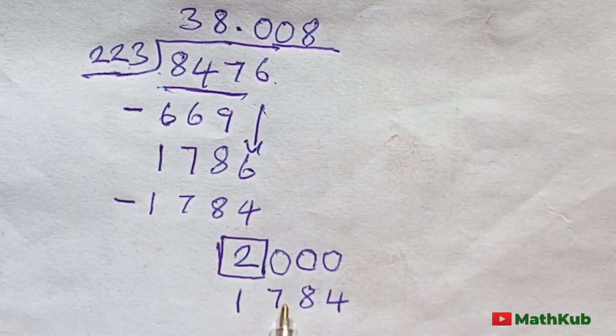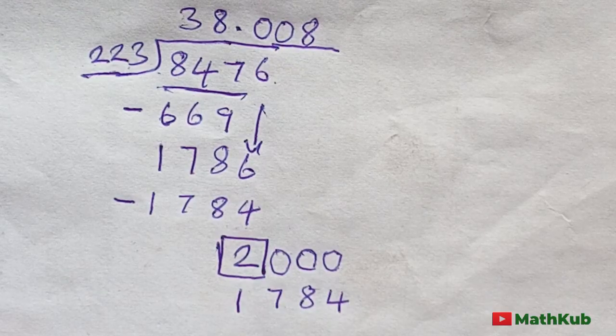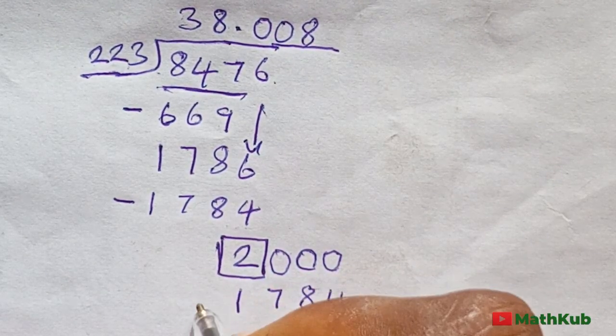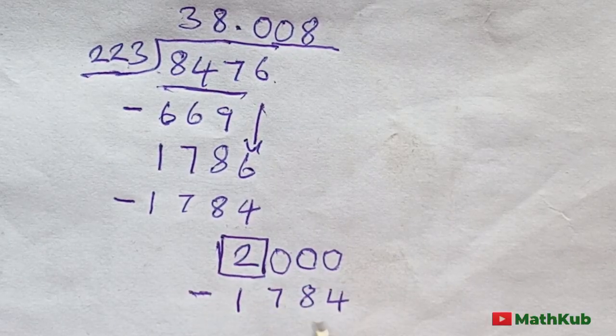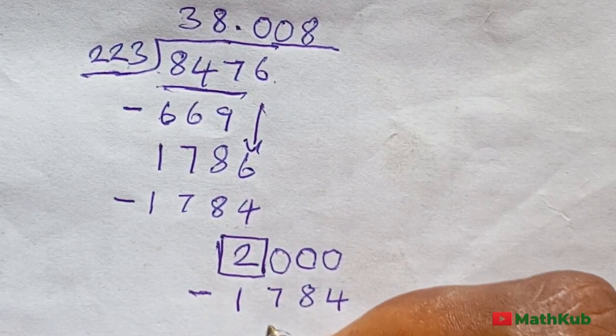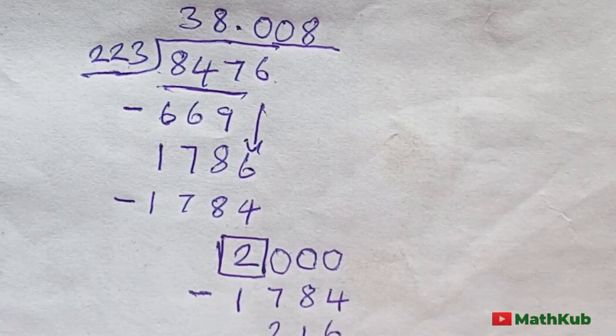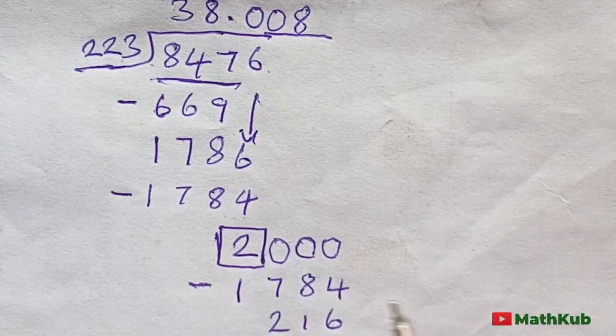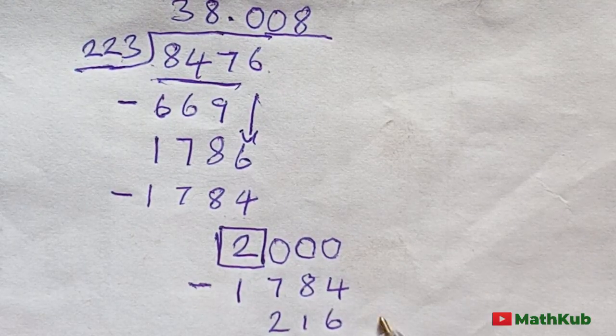When you subtract, you have 216. It was a coincidence that this matched the earlier number, so it may not be the same for other numbers. There is nothing to bring down again. If you want to continue, you add 0 and continue dividing.